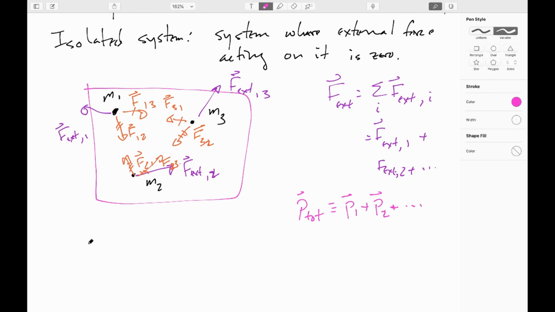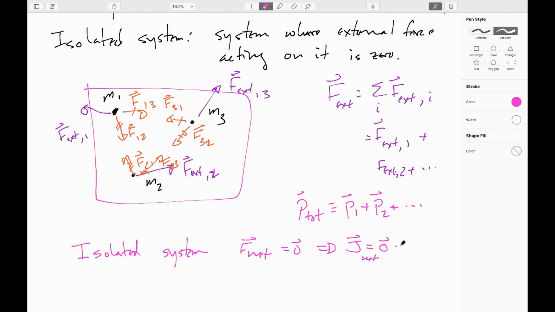Now here's the kicker. If the system is isolated, then that means that the external forces acting on it are zero, so F net is 0, which means the net impulse on it is also 0.